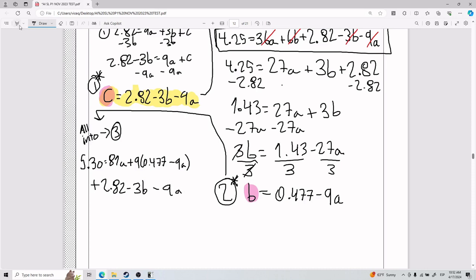But you know that B has to be this. And so, on that step, it's going to be minus 3 times (0.477 - 9A).